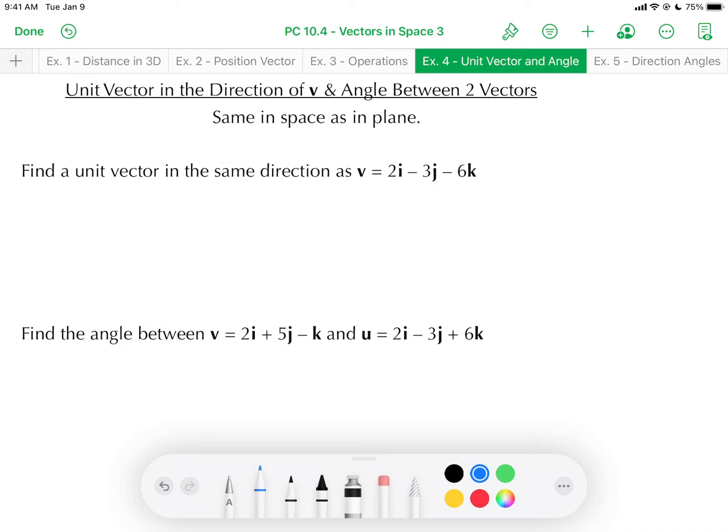So recall, a unit vector is just a vector with magnitude 1, right? If you want a unit vector going in the same direction as this vector v, you need to take the vector and divide out its magnitude, right? So that requires us to find the magnitude of this one first.